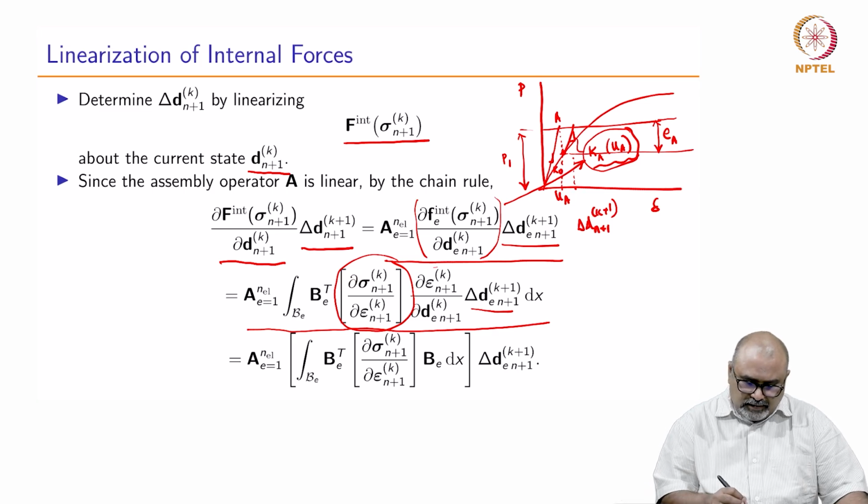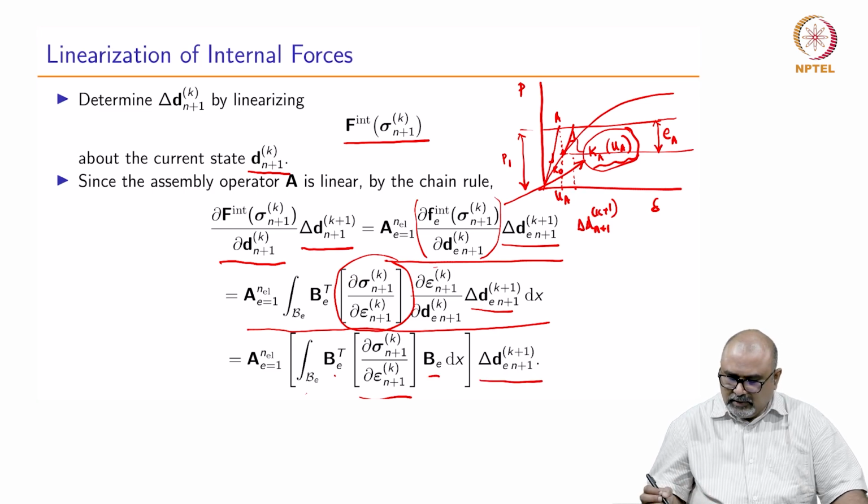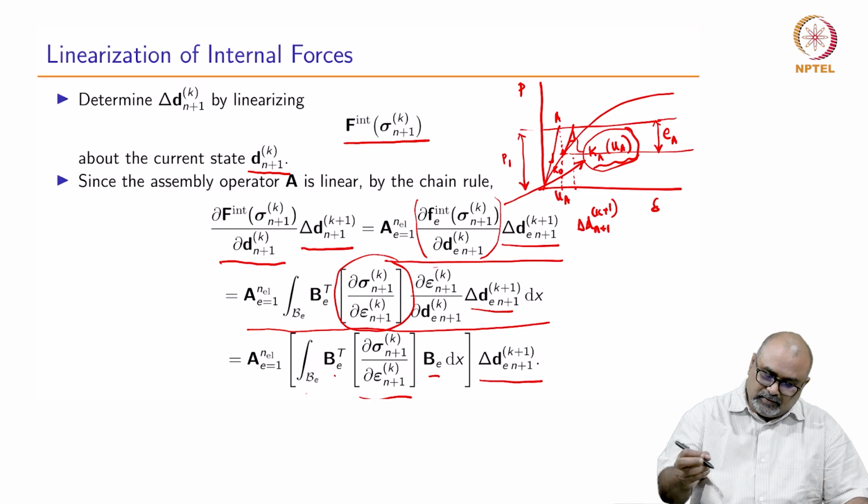One can rewrite this as an assembly over all the elements, integral over a typical element of B transpose dou sigma n plus 1 by dou epsilon n plus 1 B dx, times delta d_e n plus 1 of k plus 1.